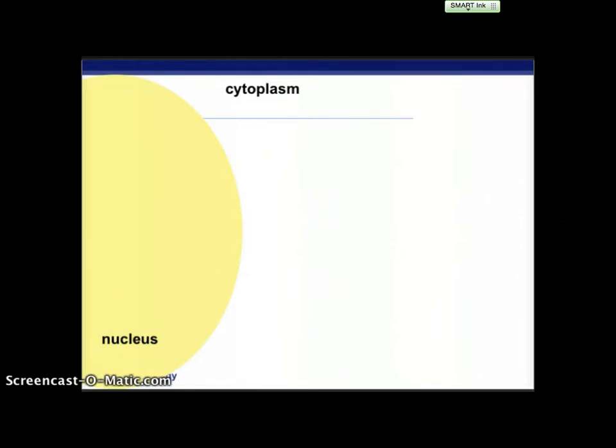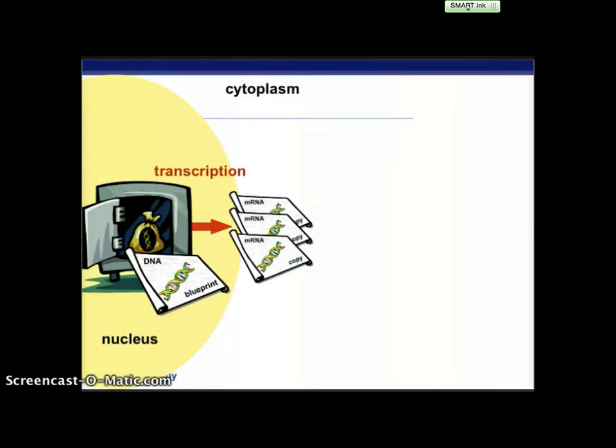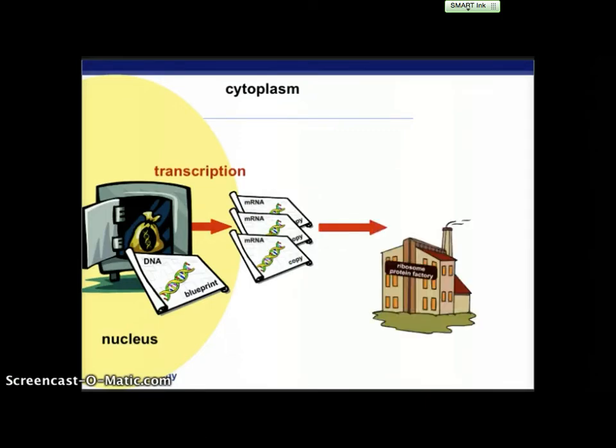Okay, so to review, we have the nucleus, which contains our DNA. We make mRNA from the DNA in the process of transcription. mRNA is going to travel out of the nucleus to the ribosome and then undergo the process of translation.